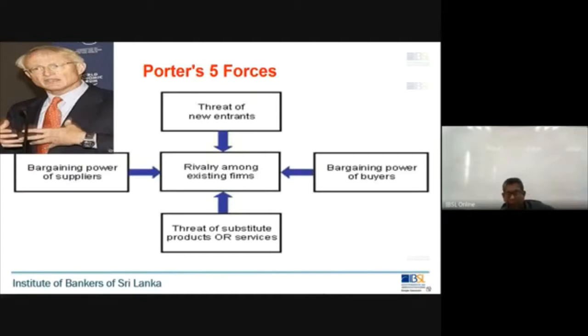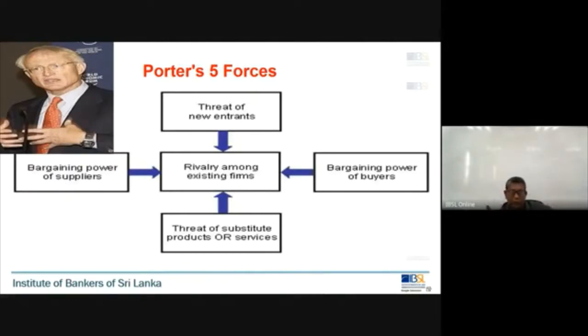We must have a thin margin to sell our products to them. Now the customer can sit on both sides of this bargaining power. Remember, bargaining power of suppliers, bargaining power of buyers. Customers can sit on both sides.